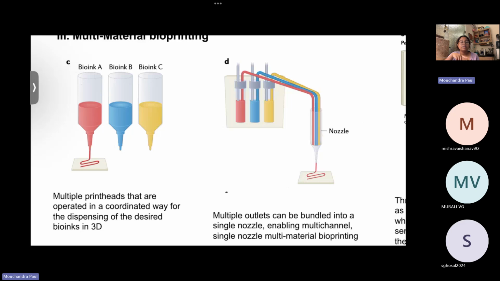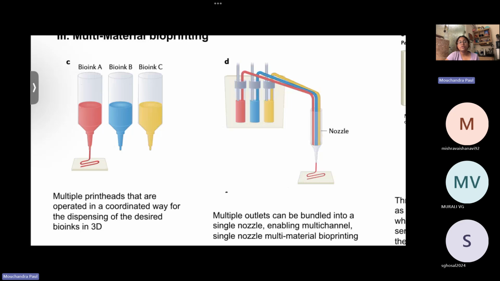So in here, there is a coordinated movement of the 3 printheads with respect to one another that can be easily instructed using G code. Okay, but this method increases the overall time for the printing.